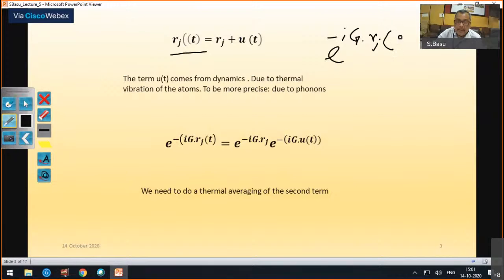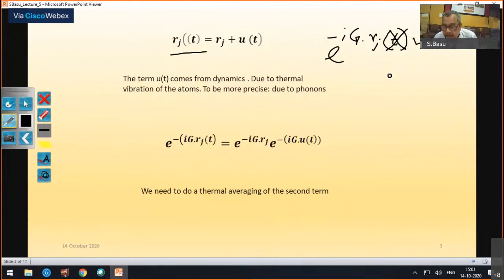If it is time dependent, it will have t here. The last few lectures, I did not have this time dependence. I took a frozen set of atoms or scatterers. But now I will introduce this time.